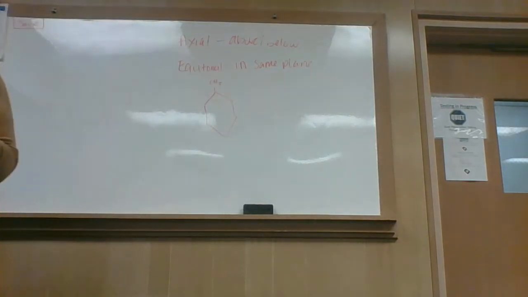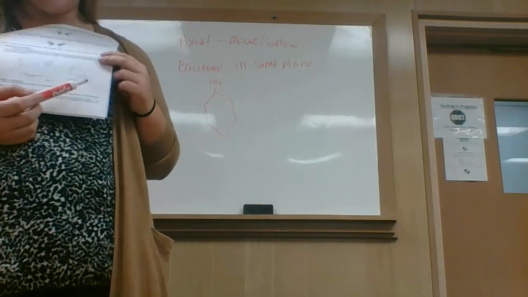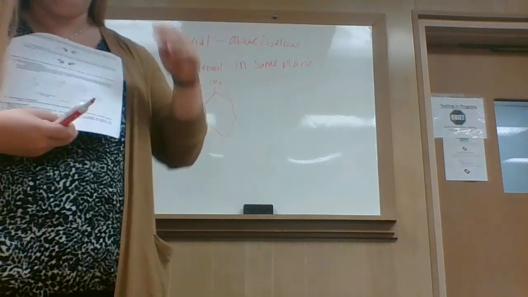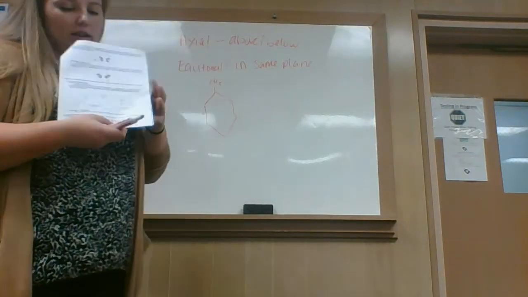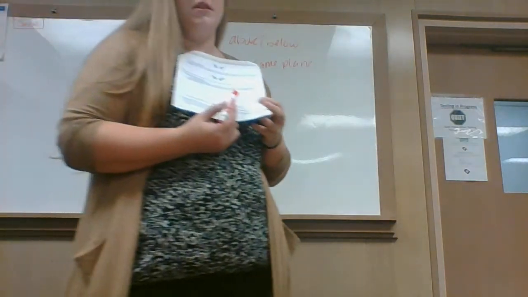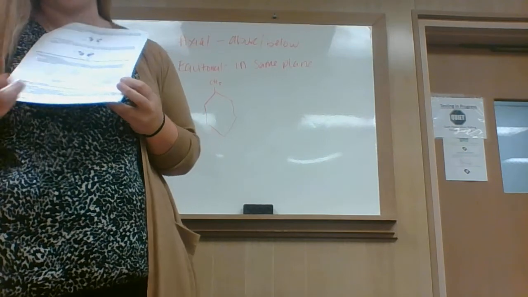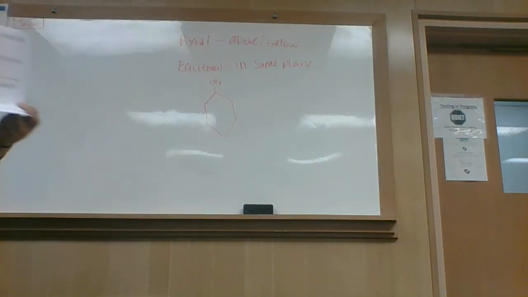Now this can either be in equatorial position, in line with the ring, or in axial position. It's shown below the ring here, but it could technically be above too. If you look at the one in an axial position, you'll see these little dash marks next to the methyl group and the two hydrogens next to it. Basically, that's referring to gauche interactions.